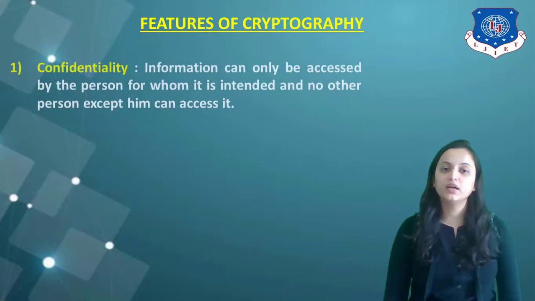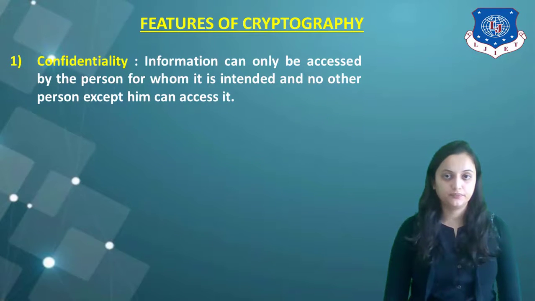Now, we will consider the features of cryptography. There are different requirements or features of cryptography. The first one over here is confidentiality. That means information can only be accessed by the person for whom it is intended and no other person except him can access it.